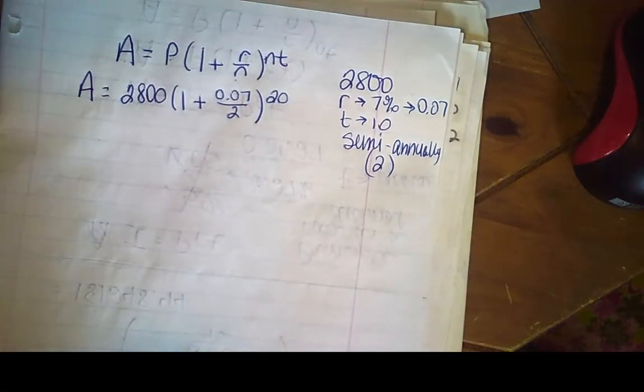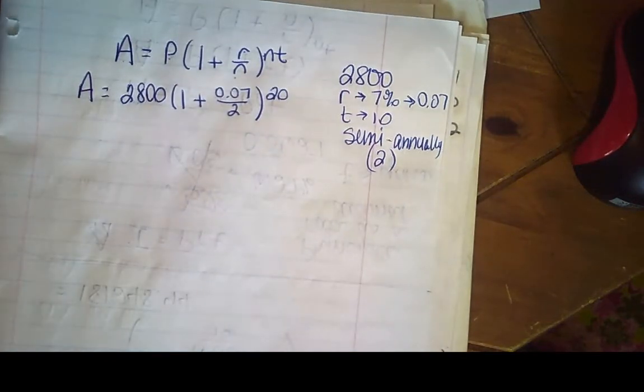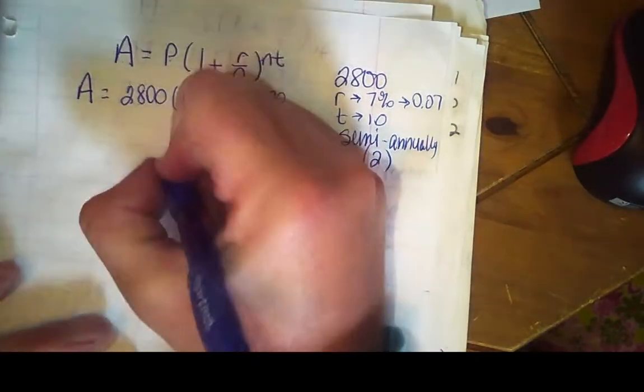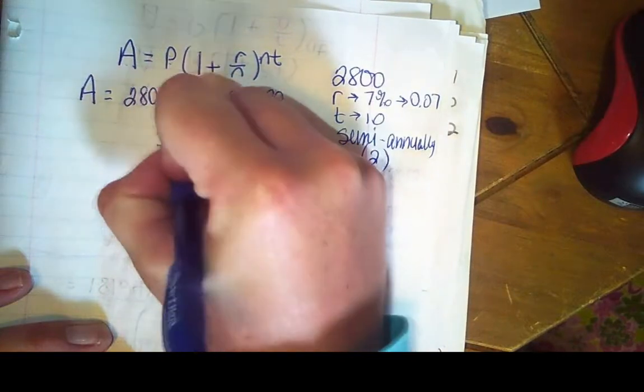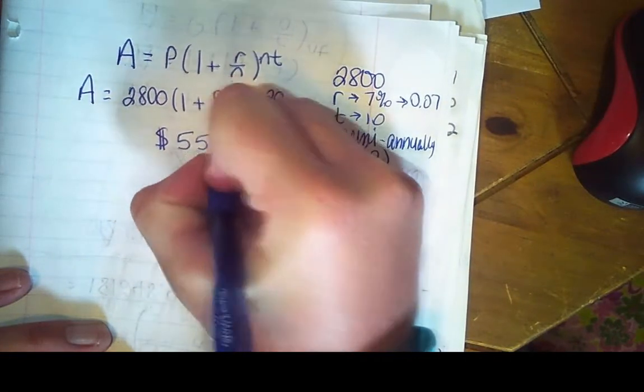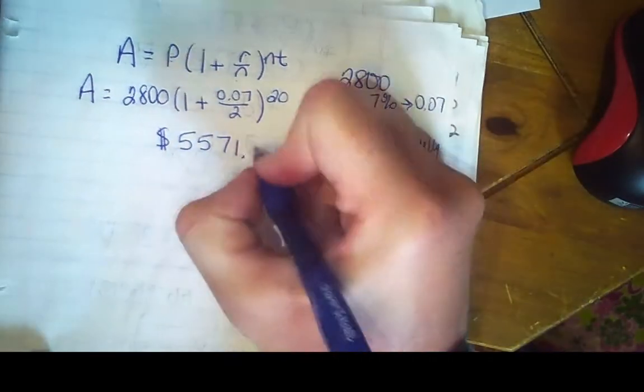So I have 2,800 times 1 plus 0.07 divided by 2 raised to the 20th power. And that gives me an answer of $5,571.41.